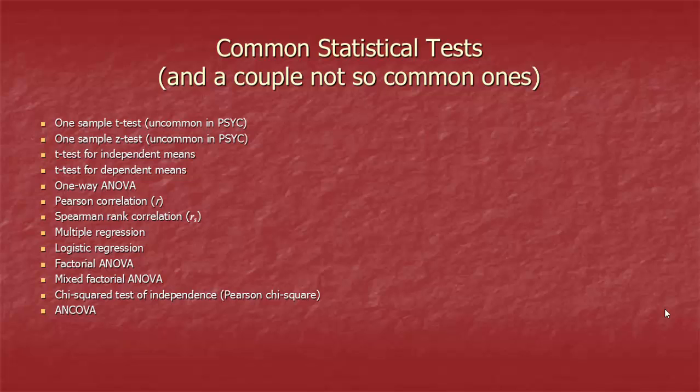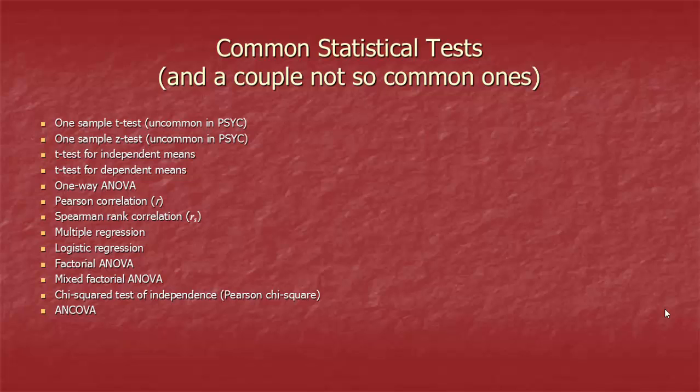But most commonly, multiple regression is thought of as when you have multiple continuous predictors and just one continuous outcome variable, and you're using each of those multiple predictors to try to predict the outcome variable. So multiple regression is kind of like doing a bunch of Pearson correlations at once.